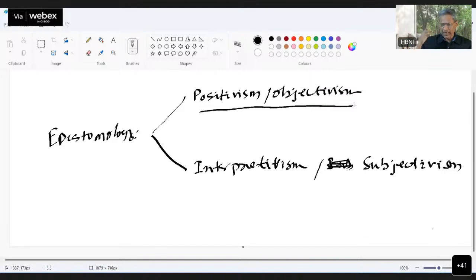It all depends on the background of the person, because in one religion certain things are considered good, but in some other religion the same thing is considered bad. So it all depends on the observer, how he will be interpreting the subject. So it's interpretivism.